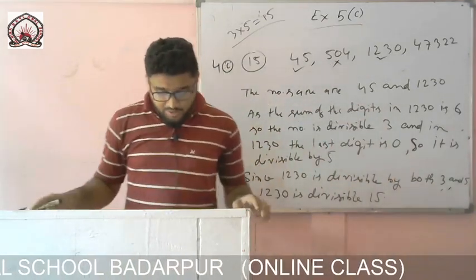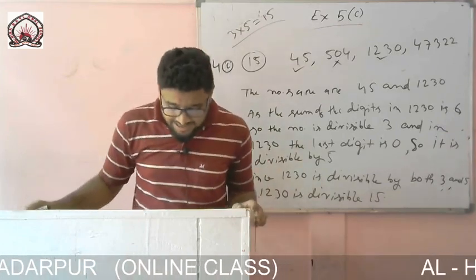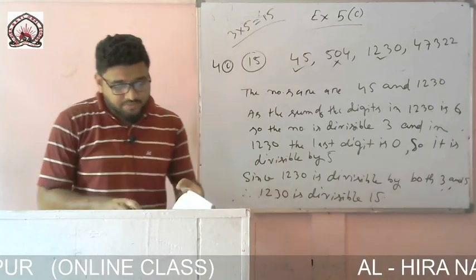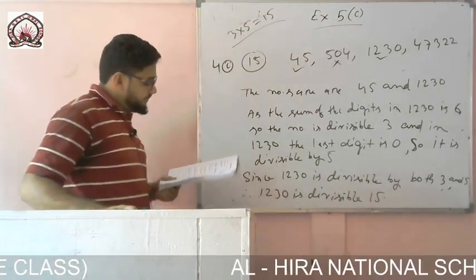Now come to question number 5. Which of the following numbers are divisible by 11?